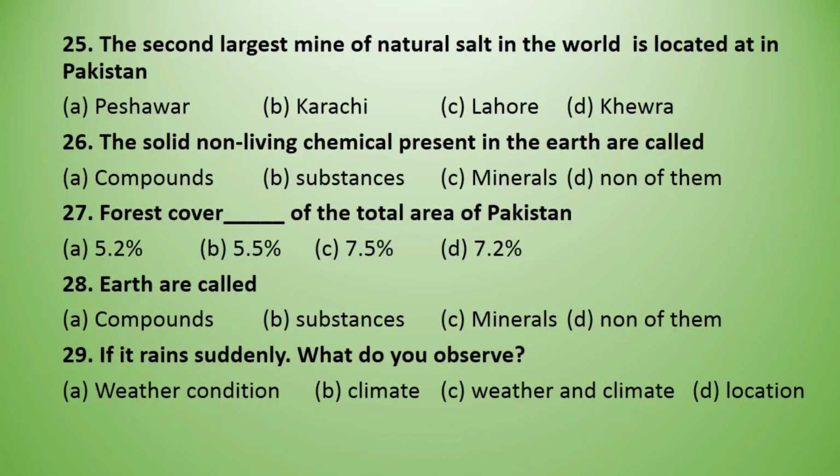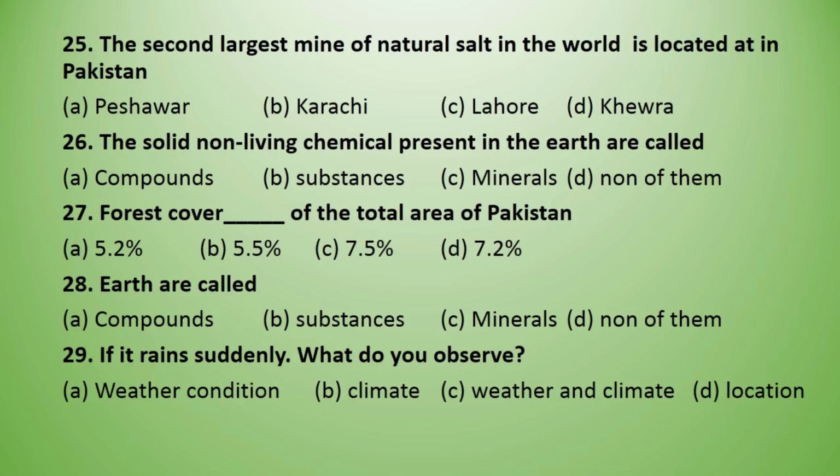25. The second largest mine of natural salt in the world is located in Pakistan. A. Peshawar, B. Karachi, C. Lahore, D. Khewra. Answer is D. Khewra. 26. The solid non-living chemicals present in the earth are called A. Compounds, B. Substances, C. Minerals, D. None of them. Answer is C. Minerals. 27.